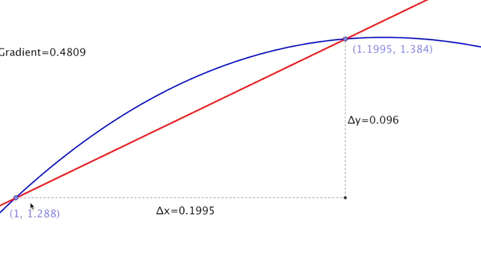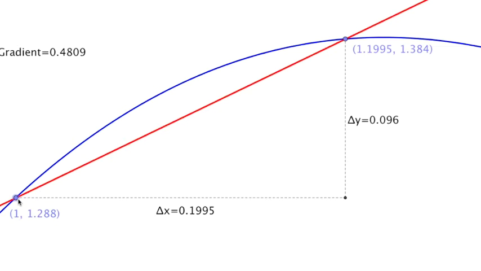If you imagine that you were trying to find the gradient of this curve here at this point, then obviously the way that we would normally try and do that is by drawing a tangent. If we didn't know anything about differentiation, we'd try and draw a tangent with a ruler and then try and figure out the gradient of that tangent.